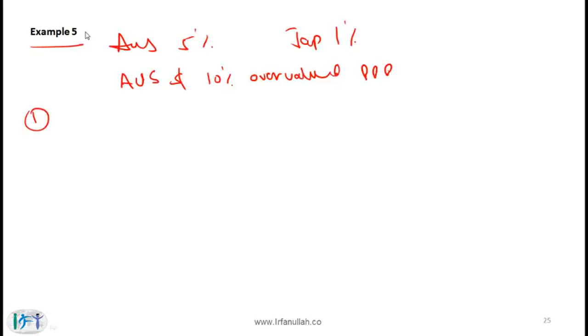All else equal, which of the following events would restore the Australian dollar to its PPP value? So this is fairly intuitive. If the Australian dollar is 10% overvalued based on PPP, then for it to restore its equilibrium value it needs to come down or depreciate by 10%.